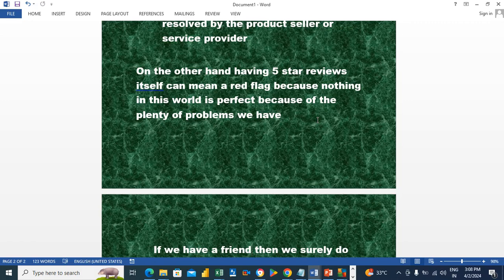In most cases, when you find something with five-star ratings, that should give an indicator that something is fishy. There's a red flag here. Yes, I agree that in rare scenarios you come across a product or service which has five-star ratings, but that's pretty rare.